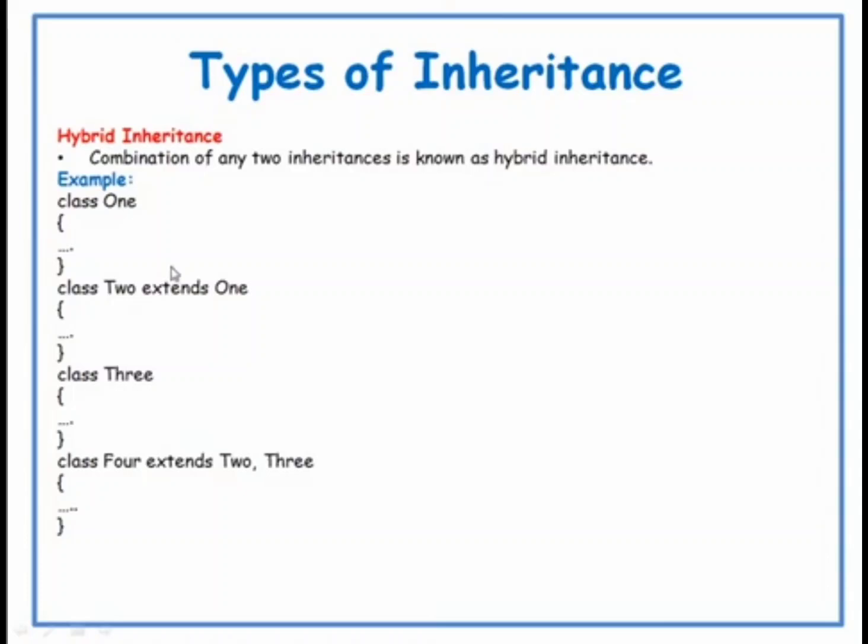And finally, we come to hybrid inheritance. Hybrid inheritance is the combination of any two inheritances.